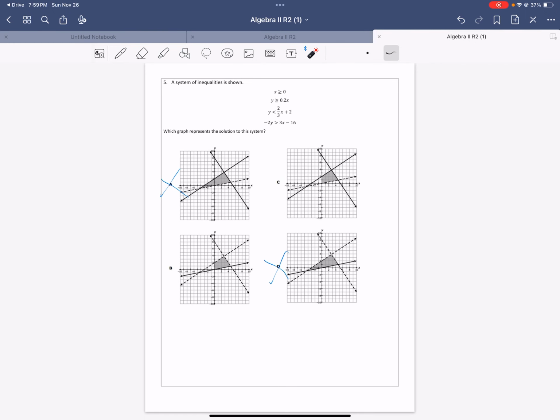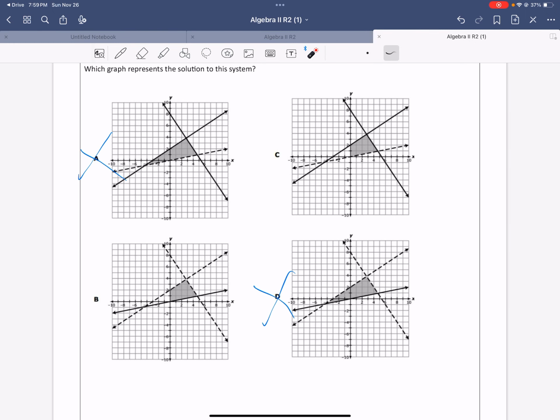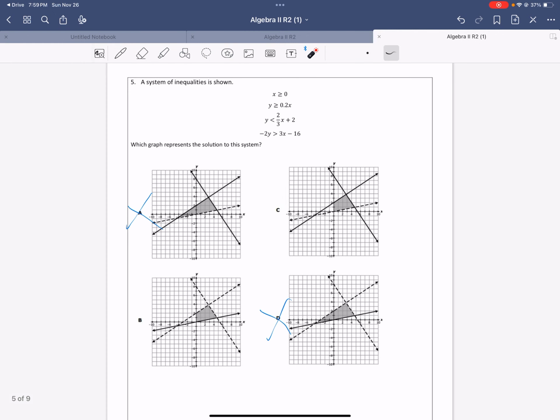That's what I told you. Although that's not a perfect explanation, it works pretty well. And this one has 2 inequalities that don't have a line underneath, which means you should have 2 dashed lines. So which one of these two has 2 dashed lines? It's B, so therefore the answer is going to be B.